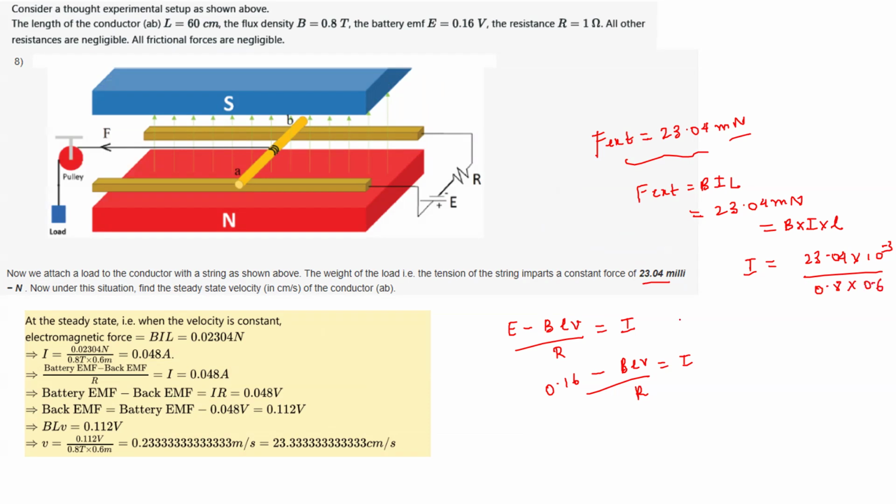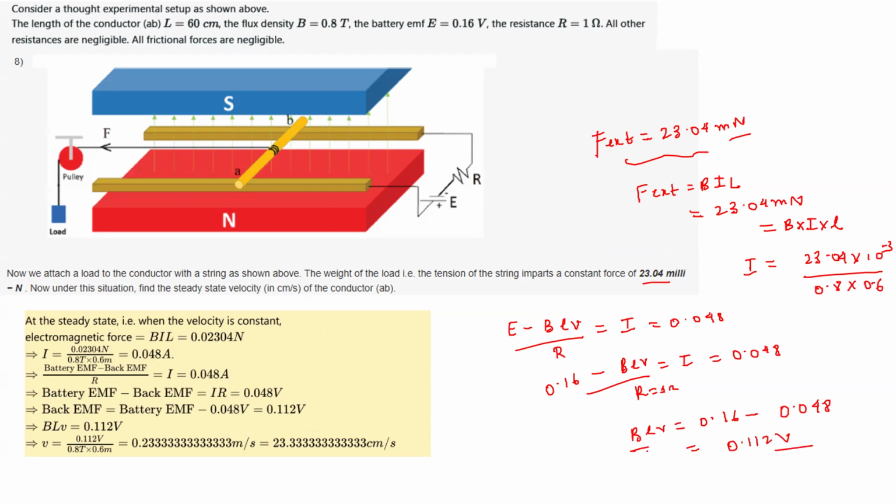This current comes out to be 0.048 ampere. So BLV is 0.16 minus 0.048, because R is 1 ohm. This will come out to be 0.112 volt.